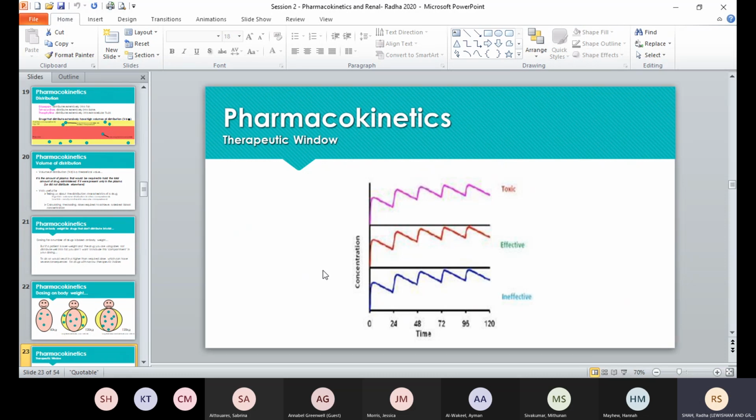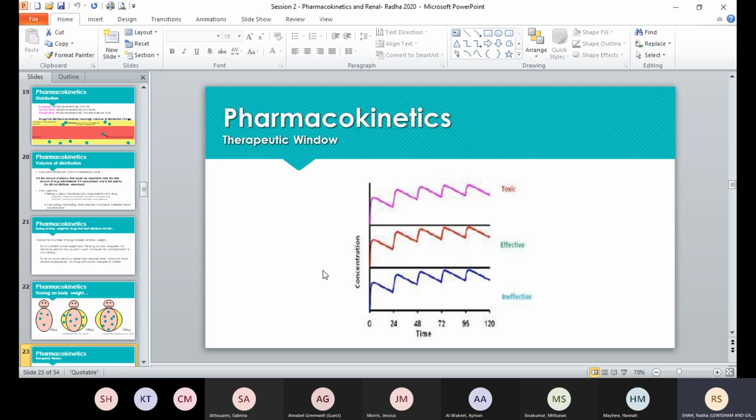Over time, we reach steady state, but for narrow therapeutic range drugs, we need to make sure that it's between the two middle lines in the effective region. So it's effective, but it's not toxic. There's a plasma concentration range where it's ideal, but if you go above this, it's toxic, and if you're below this, it's ineffective.